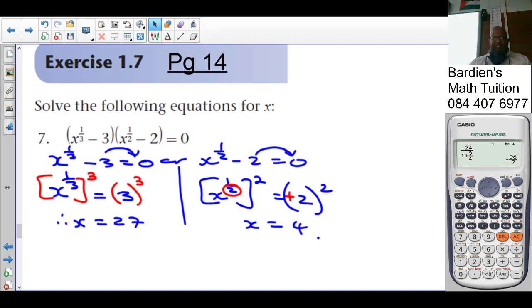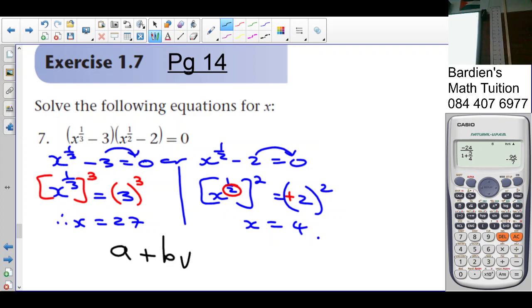Then we spoke about surds yesterday, no? And then we spoke about the condition that needs to be met about that C value, no? Where we had A plus B root C. And the condition was that C has to be greater than or equal to 0.